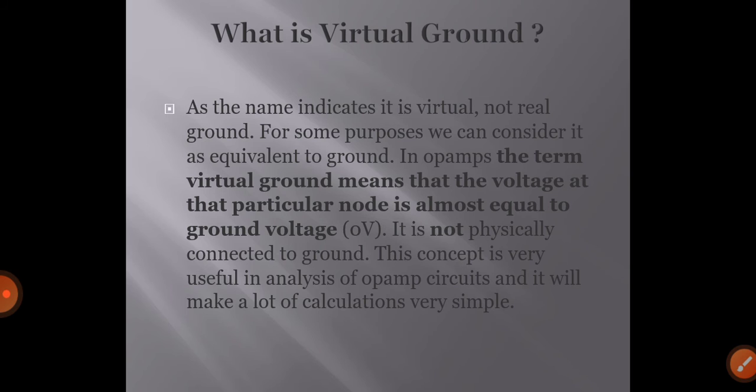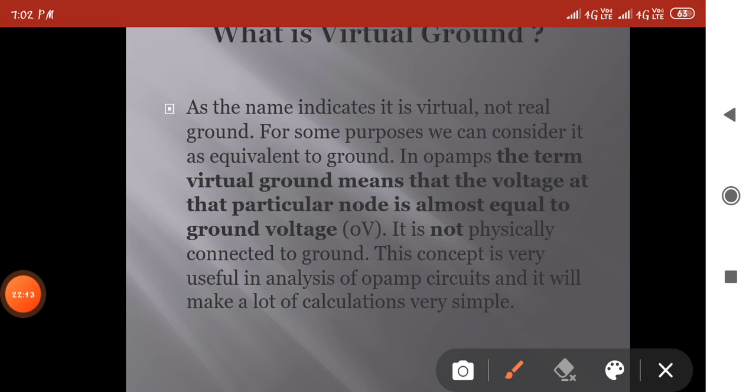The term virtual ground means that the voltage at a particular node is almost equal to ground voltage. For example, this is a circuit.